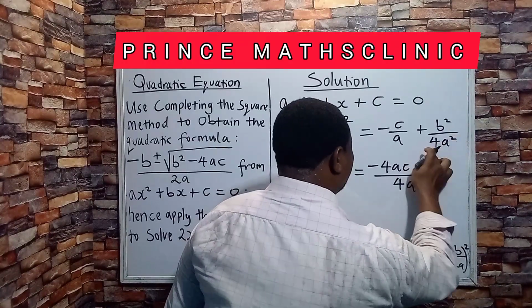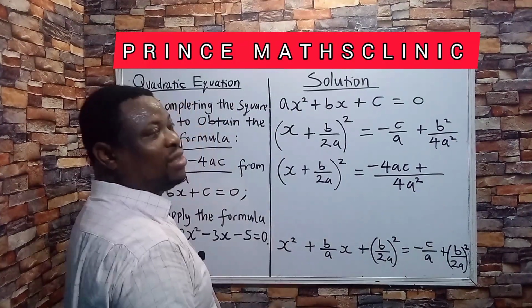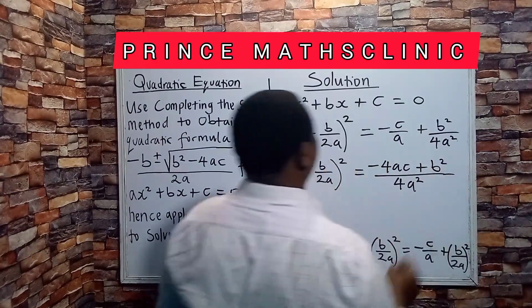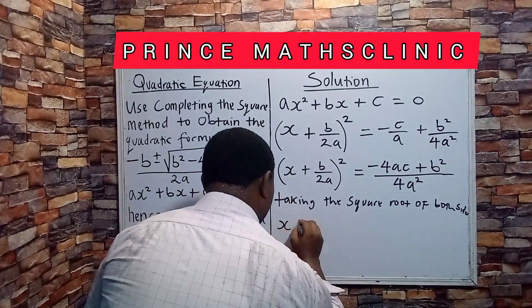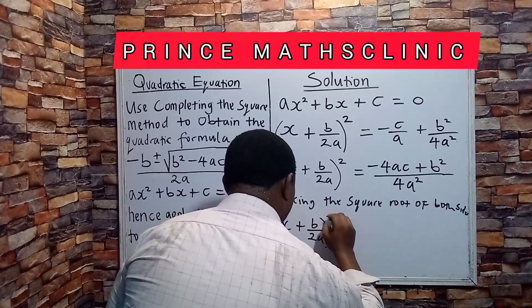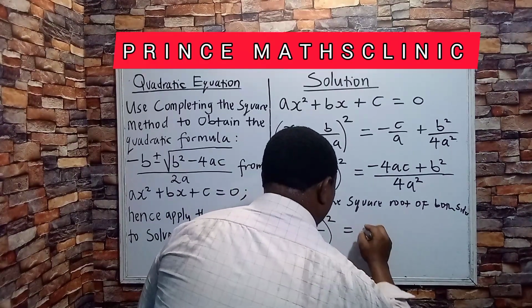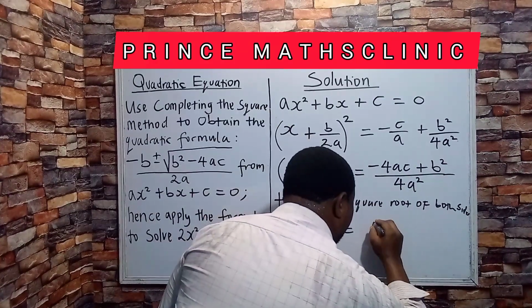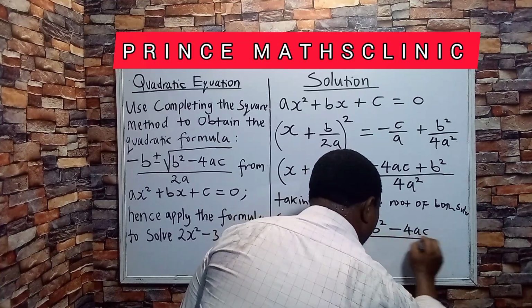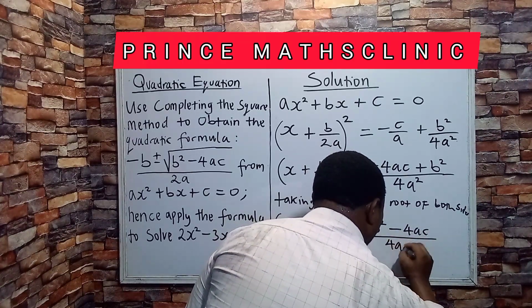Plus, 4a squared goes into 4a squared once, and 1 times b squared is b squared. Permit me to rearrange this. So this is b squared minus 4ac over 4a squared.